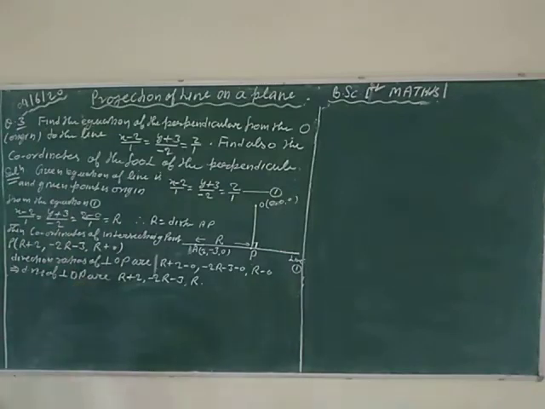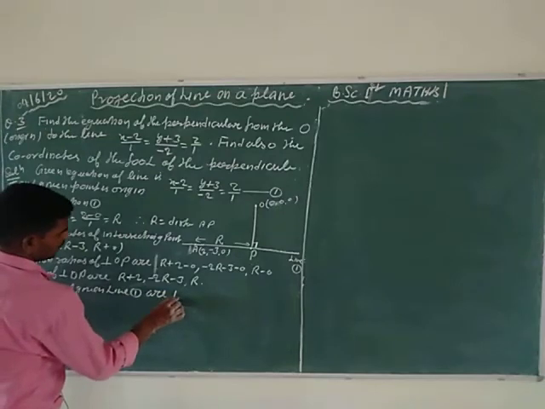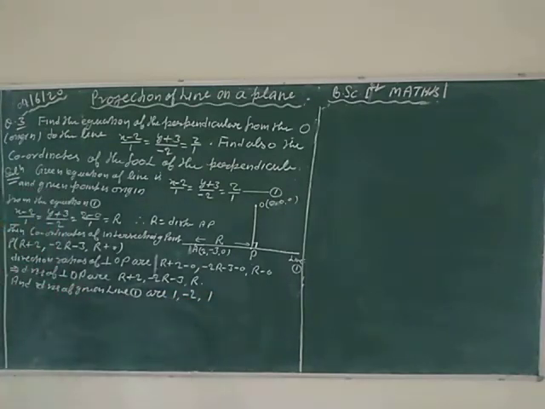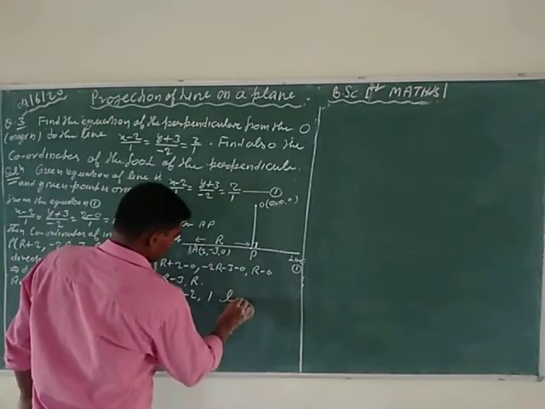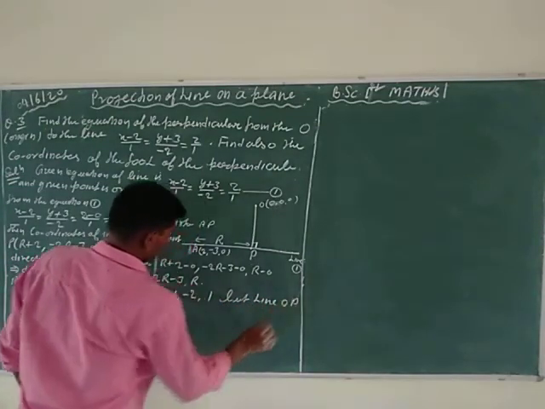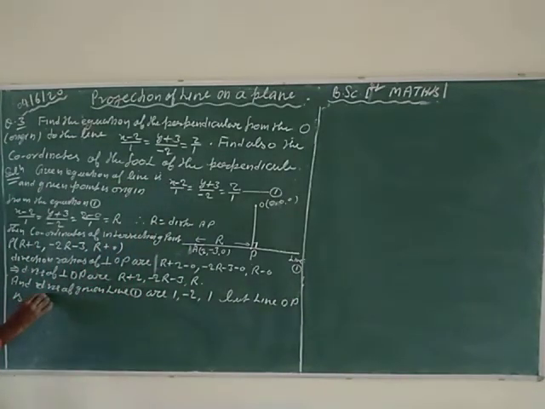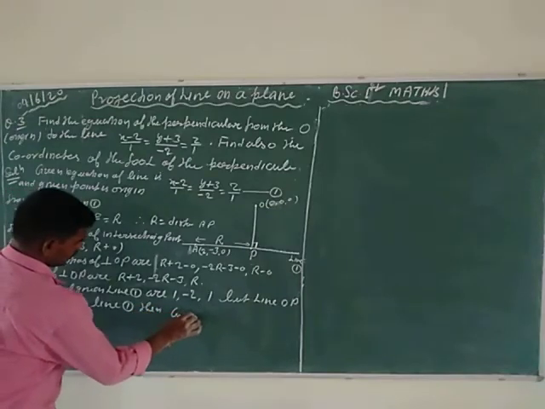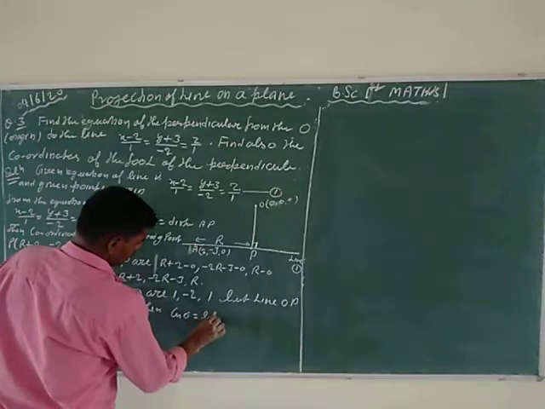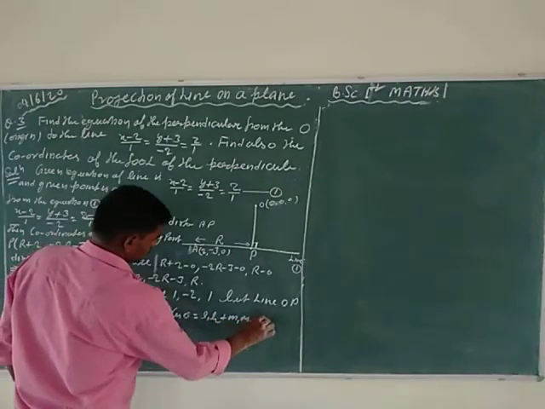The direction ratios of the given line are 1, minus 2, 1, and since line OP is perpendicular to the given line, we use the formula.